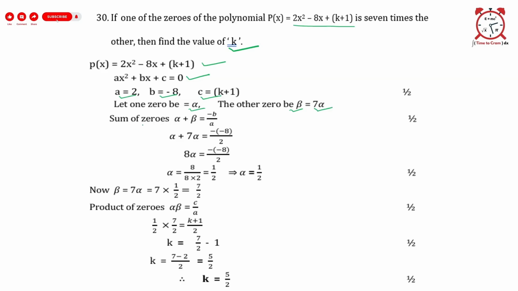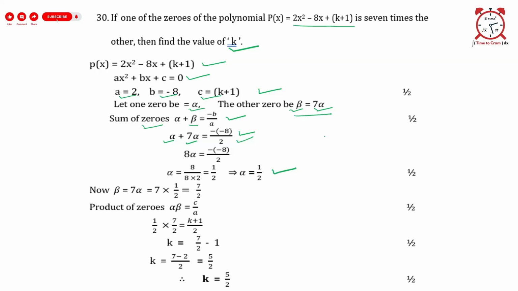Now this is the formula for the sum of zeros. Alpha plus beta equal to minus b upon a. So in place of alpha we will keep alpha as it is, in place of beta we will keep 7 alpha here. And the values of b and a that we already wrote, we will write here. So this will lead us to the value of alpha, which is 1 by 2.